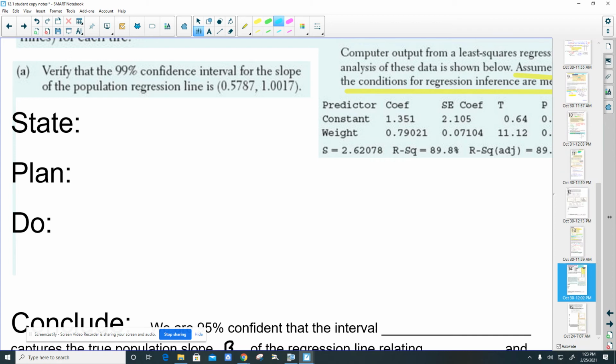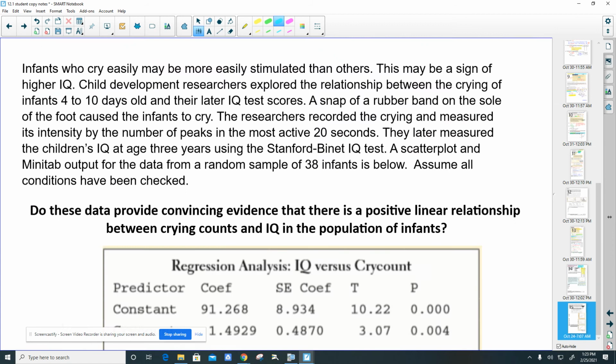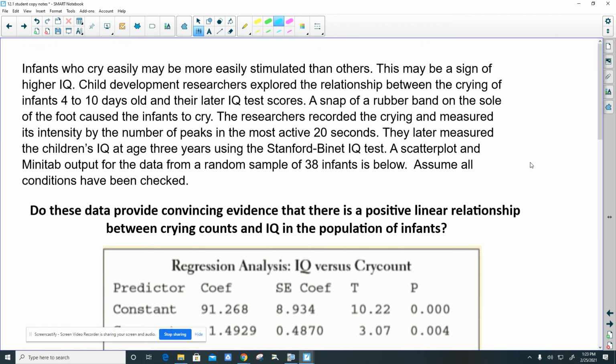We're just going to take a look at this very last example here at the bottom, at the back, where this is talking about infants who cry easily might be more easily stimulated than others. So this could be a sign of higher IQ. Child development researchers explored the relationship, here are the 2 variables, between crying of infants 4 to 10 days old and their later IQ test scores.